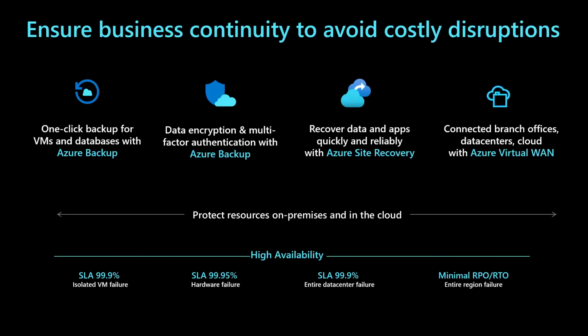So being able to recreate your network over Microsoft's Azure with high availability, financially backed SLAs, so that you're at 99.9 or 99.95% availability is something that's really hard to match for us in the small to medium sized business space.